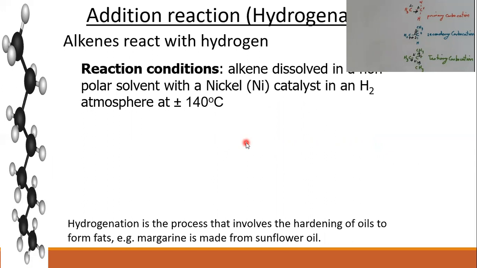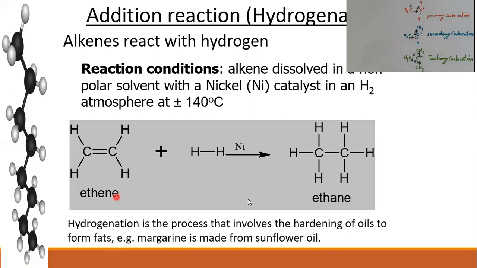So very important in all of my reaction mechanisms is that we actually need to know the reaction conditions. So here we have an alkene that's dissolved in a polar solvent, nickel as a catalyst in an atmosphere of hydrogen at a relatively high temperature of 140 degrees.